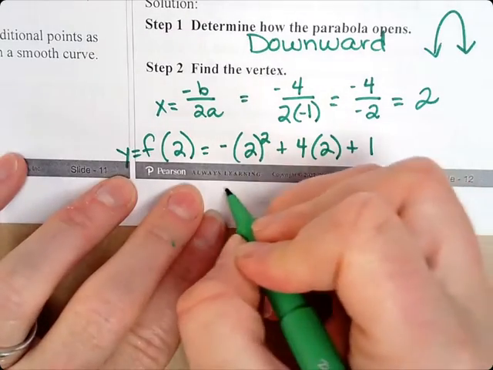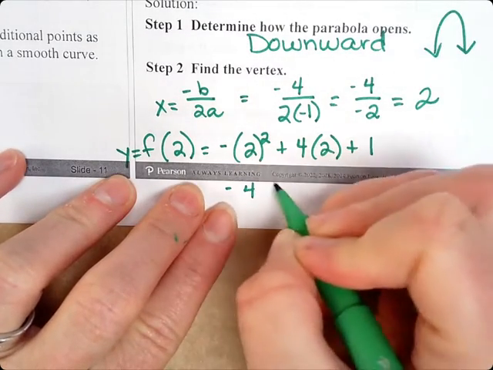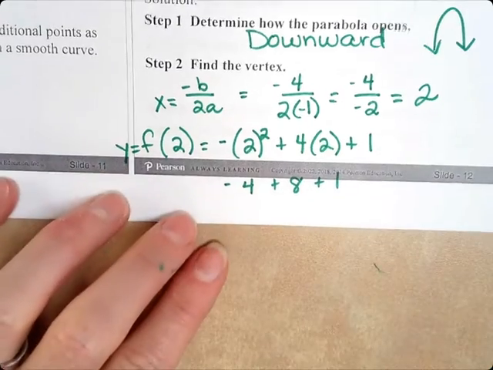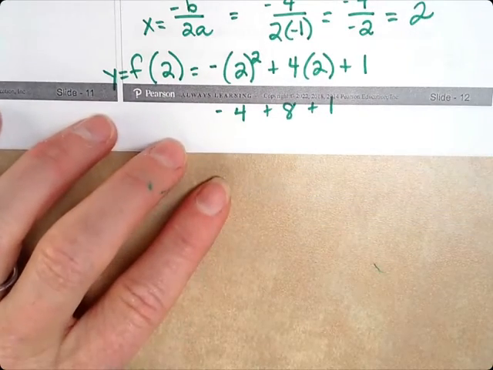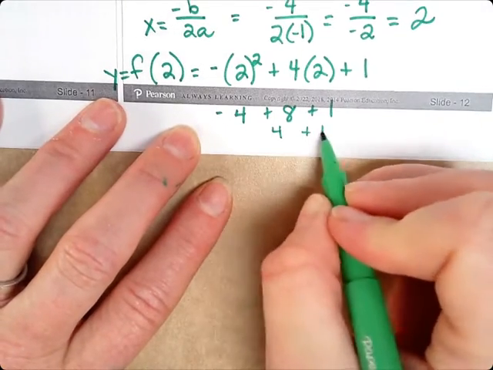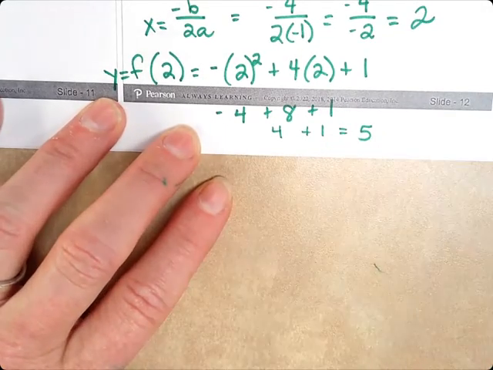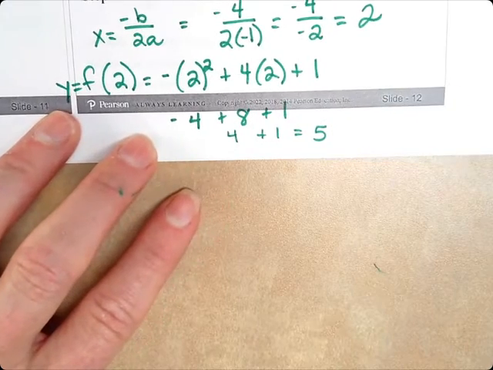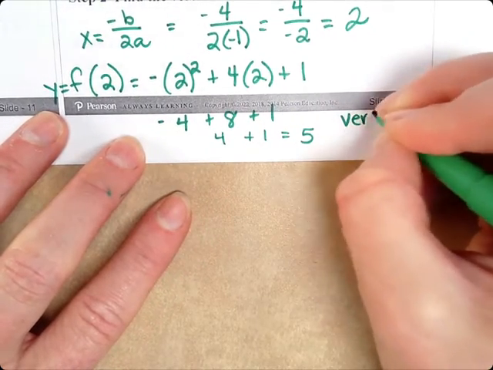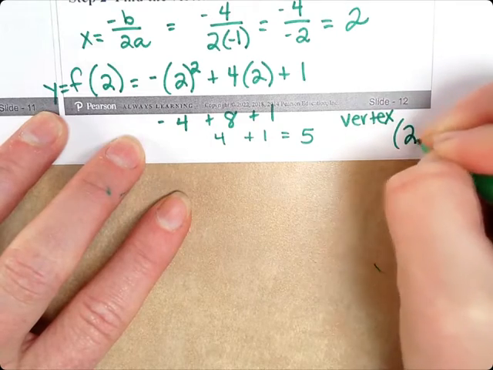Okay, so we have negative 2 squared is 4, plus 4 times 2 is 8, plus 1. 4 plus 1 equals 5. So that's the y value of our vertex. So we can write vertex is 2, 5.